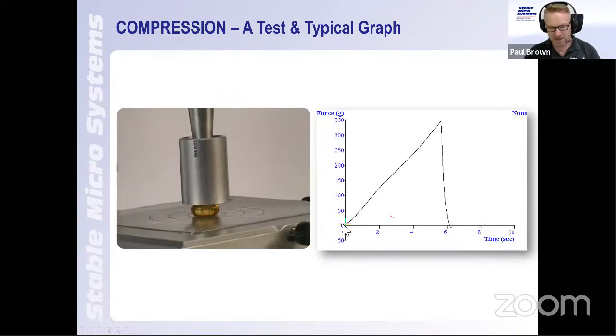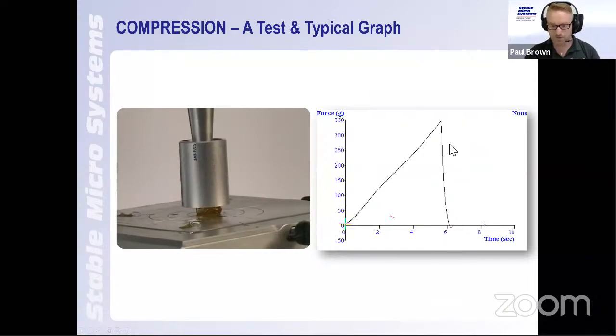As the probe comes down and makes contact with the sample, we have a live graph, which will inevitably start to increase in force up to the point of rupture or failure of the product, in which case the force reduces because the product has failed and there is no more force, and returns to the start.